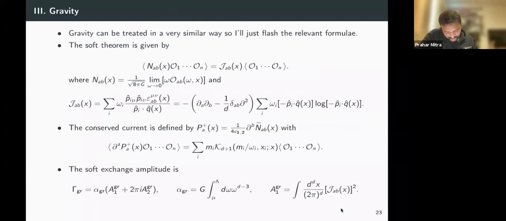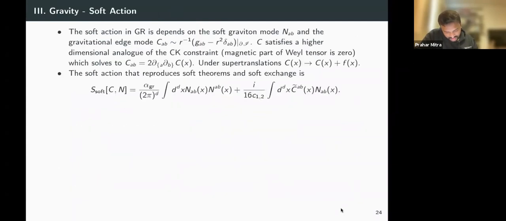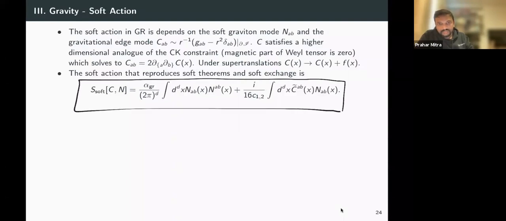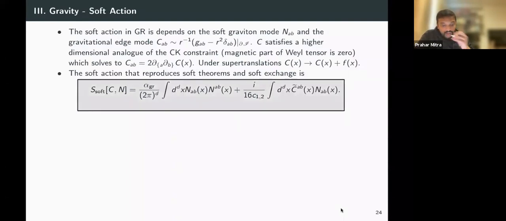And the effective action for gravity, let me just write it down. It just looks like this. That's the effective action for gravity, where again, these N's are just the soft mode, so limit omega goes to 0 of omega O_AB. Remember, the graviton transforms in the symmetric traceless representation of SO(D). So that's why there are two indices over here, which are symmetric and traceless.